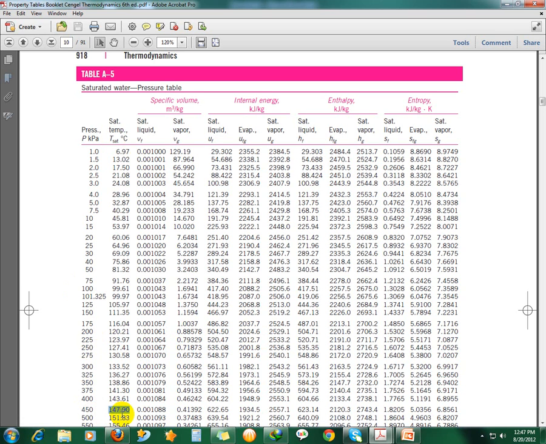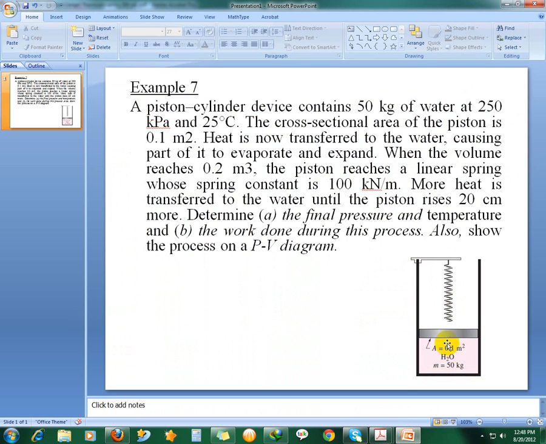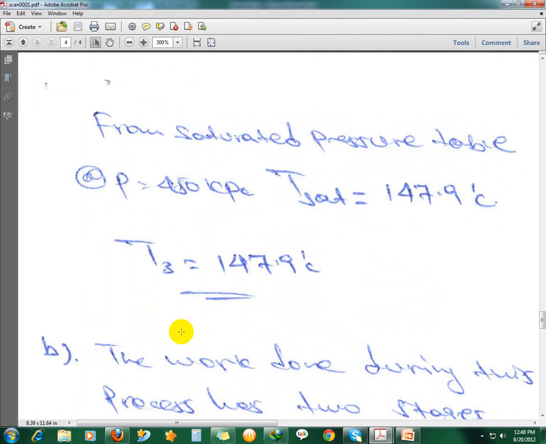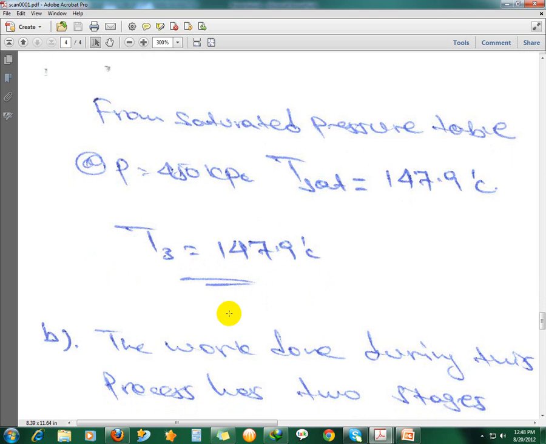So this is the final temperature of this piston cylinder arrangement, and T3 is equal to 147.9 degrees centigrade, because the state is mixture.